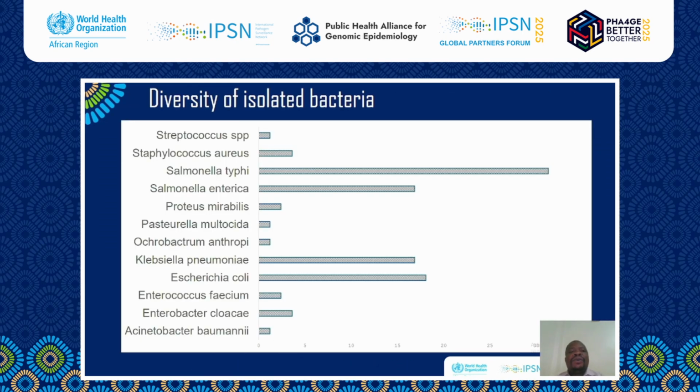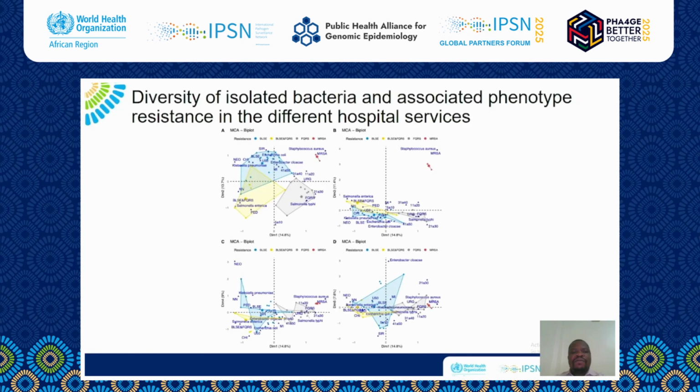As a result, concerning the diversity of isolated bacteria, so far the results have indicated that Salmonella typhi, Klebsiella pneumoniae, and Escherichia coli were the most prevalent isolated bacteria out of the 90 different strains that we have isolated so far.